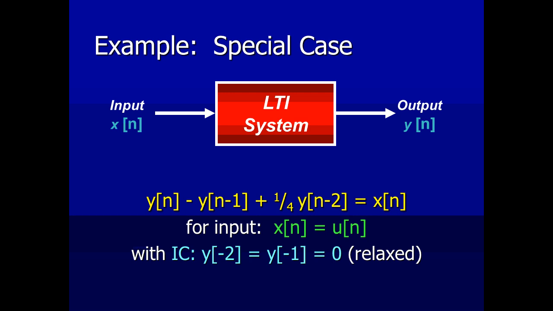So my zero state response for the single input case and for all cases is going to be the forced response plus a natural response piece. And I know the forced response is 4. The natural response has that form, what was it? k1 times 1/2 to the n plus k2 times n times 1/2 to the n.